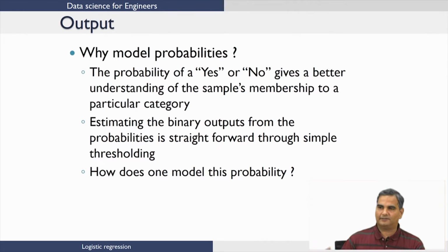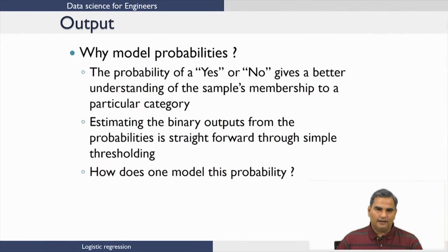So, one could say yes, this belongs to a class. A better nuanced answer could be that yes, it belongs to a class, but with a certain probability. As the probability is higher, then you feel more confident about assigning that class to that data.